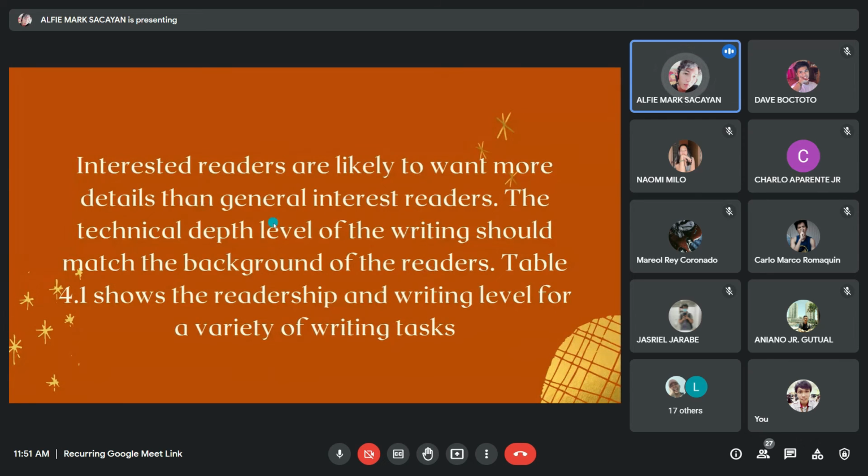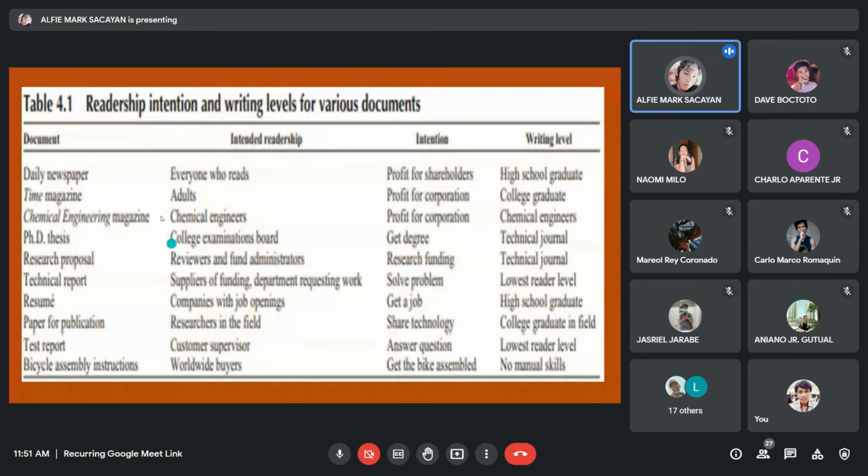So, kani siyang depth of level na discuss na ni gamay sa atong previous reporter. So, the table 4.1 shows the readers and writing level for a variety of writing tasks. So, this is the table. So, kung this is the depth of the writing na imong makuha, for example, this one, the daily newspaper, so everyone can read it, so pwede tanan.